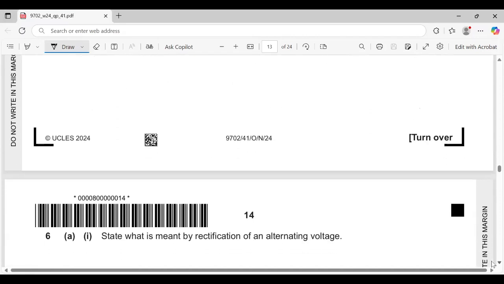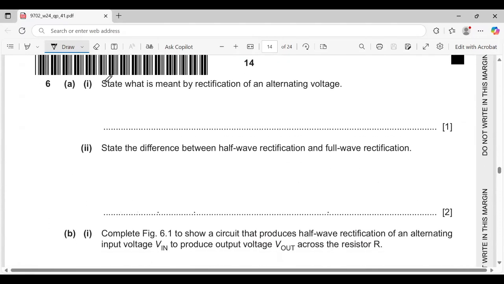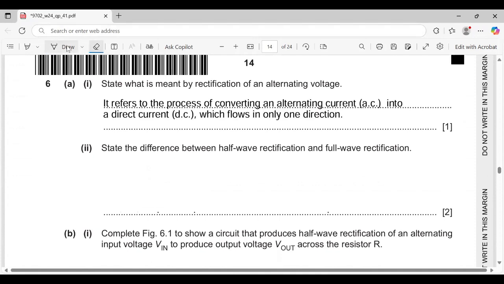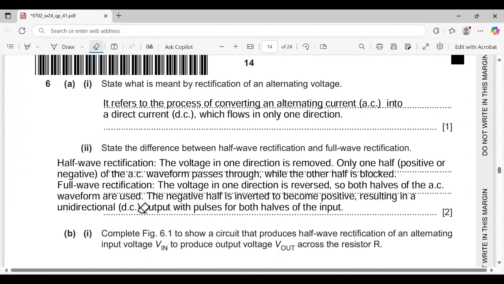Next question, number 6. State what is meant by rectification of an alternating voltage. I have provided my answer to this question. This one. Part 2, state the difference between half wave rectification and full wave rectification. I have provided this also.